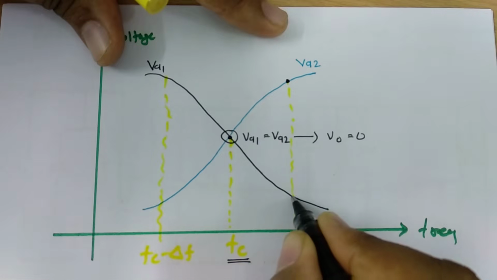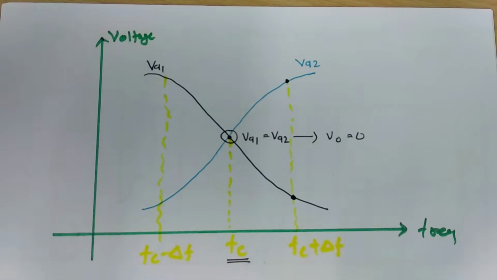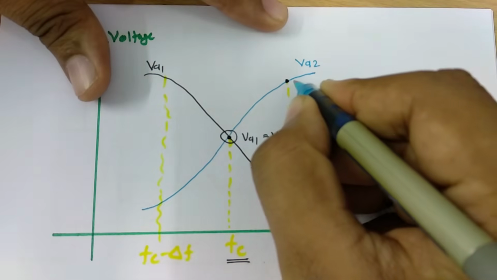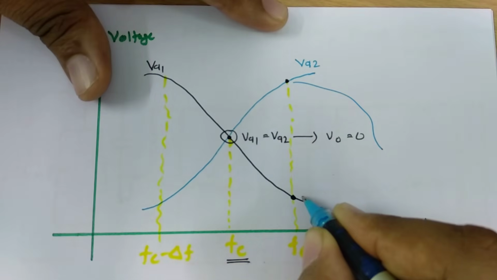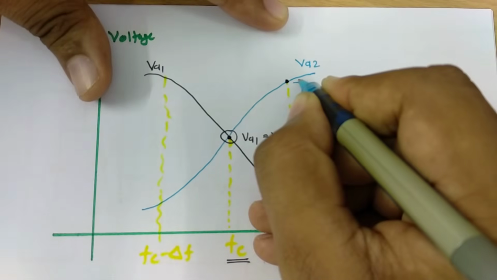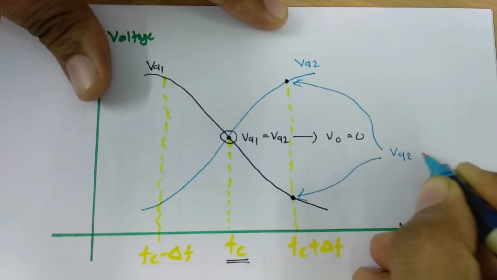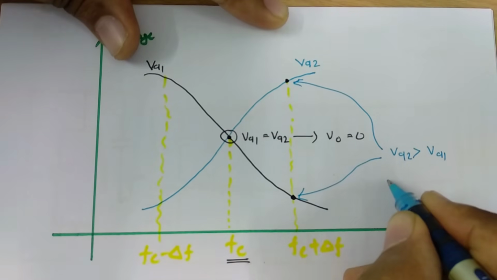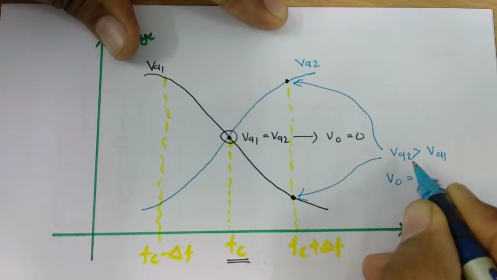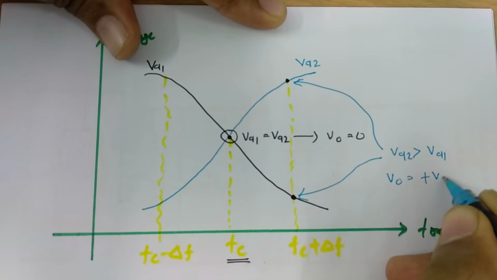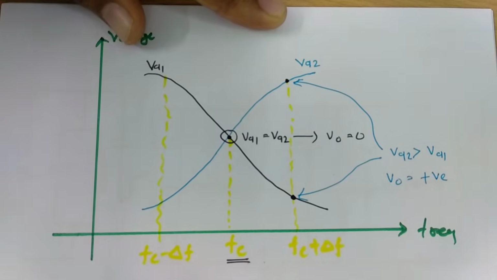Now if I consider the second case, that is Fc plus delta F, we have these 2 points, and in these 2 points one can see VA2 is greater than VA1. So our output, V02 minus V01, as this is greater than this, we will find a positive voltage at the output side.